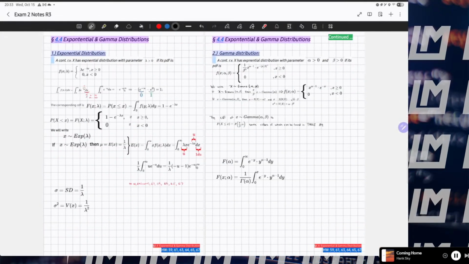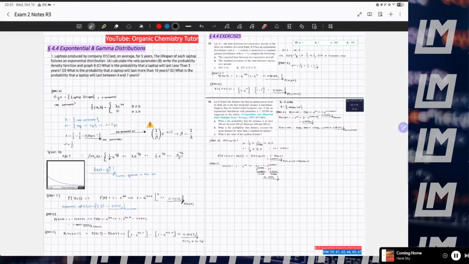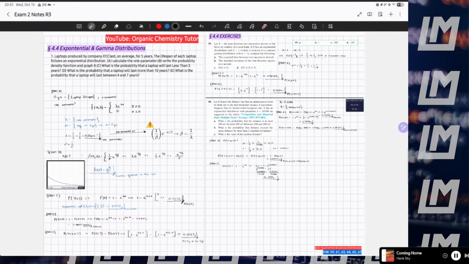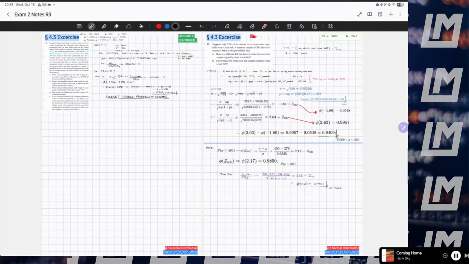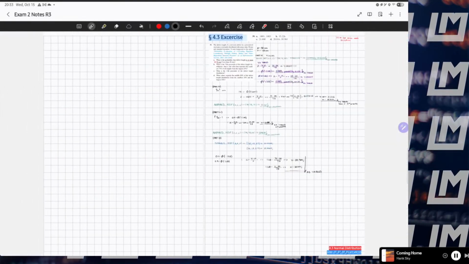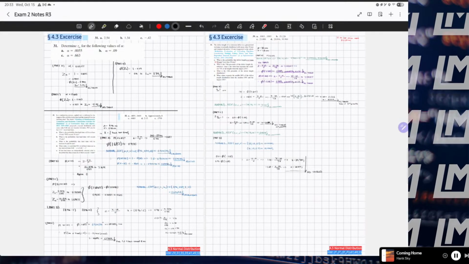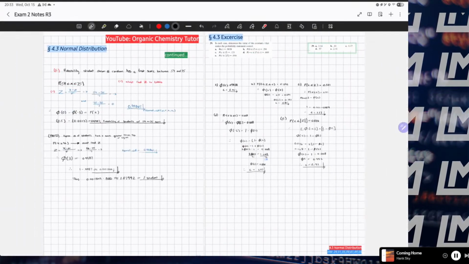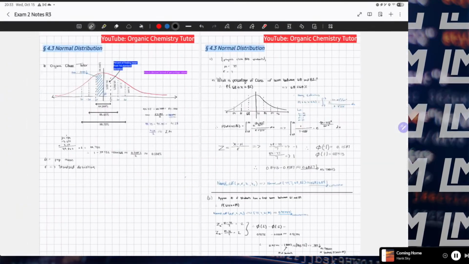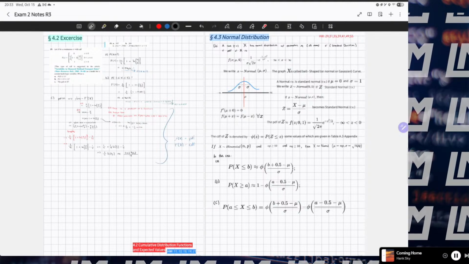What I noticed with 4 is a lot of 4 is just plug and chug. But I need to know a problem. 4.6.